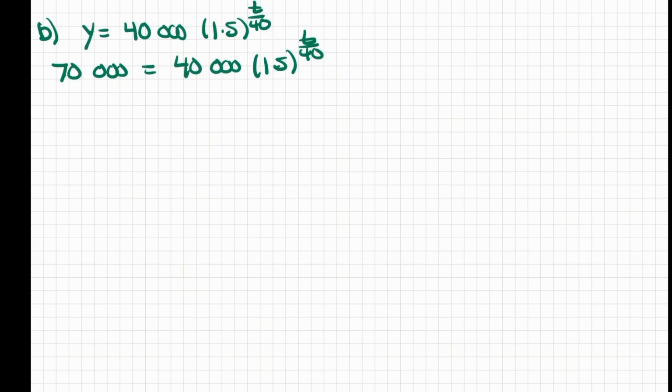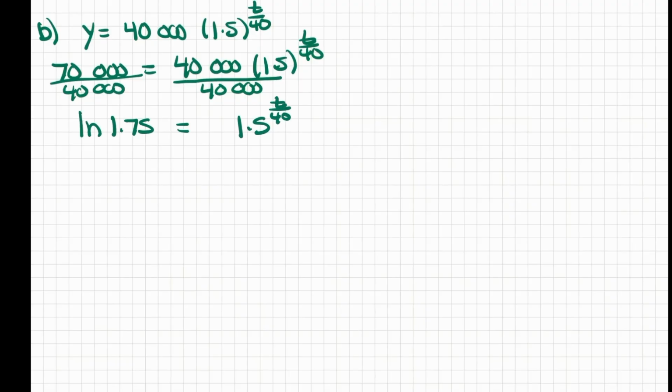We're going to move some things around. We're going to get rid of that 40,000 in front by dividing it out on both sides. That leaves us with 1.75 is equal to 1.5 raised to the power of t over 40. Now, we're going to take the ln of both sides. That allows me to bring this power down. That becomes t over 40.